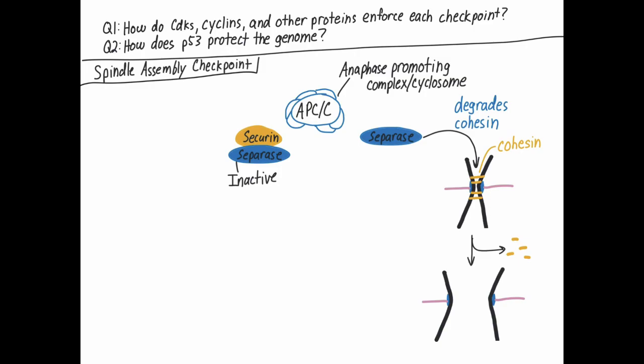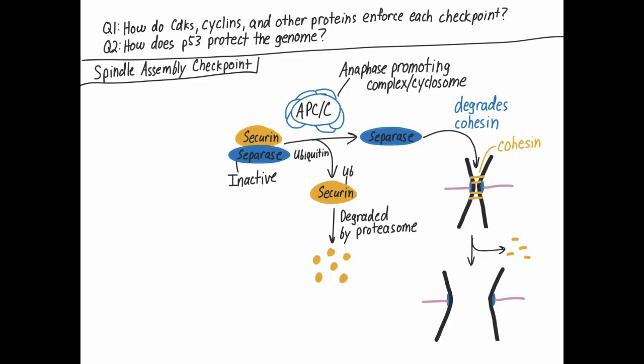If all chromosomes are correctly bound by spindle fibers, APC/C attaches a small protein called ubiquitin to securin. This ubiquitin tag marks the securin protein for destruction by the proteasome, an organelle that breaks down proteins into their constituent amino acids.